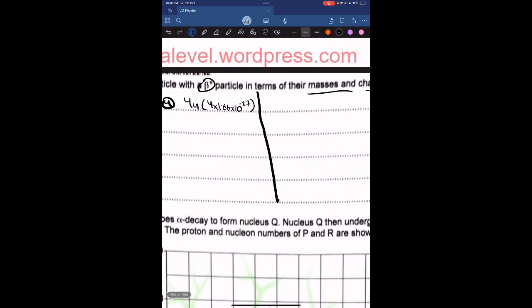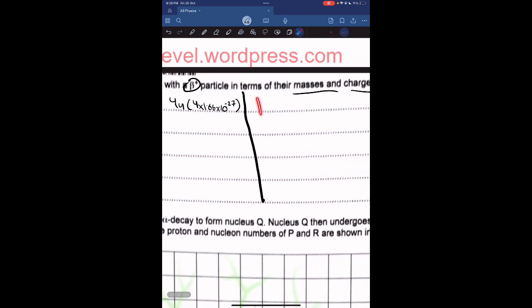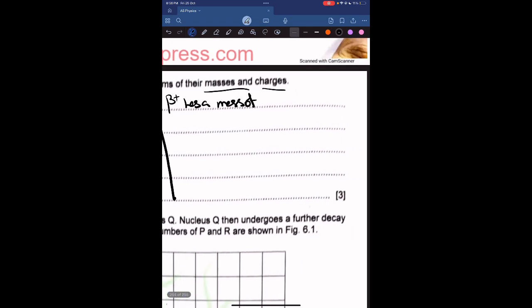As for a beta negative or a beta positive, both have the mass of an electron. And the mass of an electron is 1/18 u. It is important that you refer to the u. A lot of people say 1/18. 1/18 what?